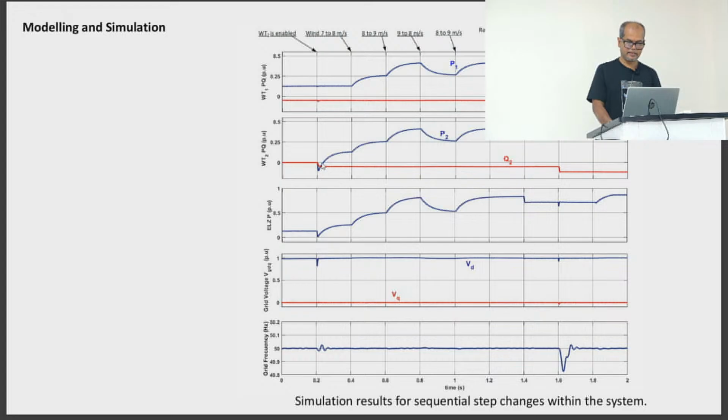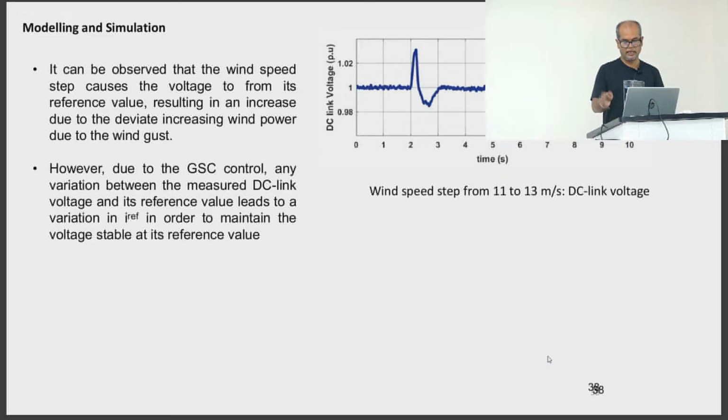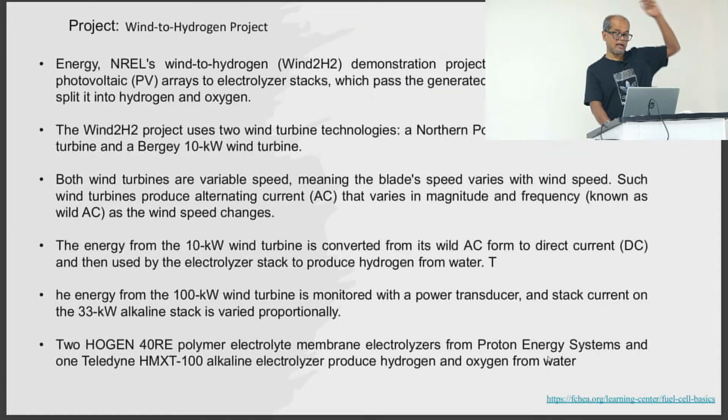At some stage the second one is also turned on, and when both of them are on, how they behave, and also how the frequency changes with respect to those wind changes in the system. So just to show stability, you can change those different parameters and then see how the system behaves.